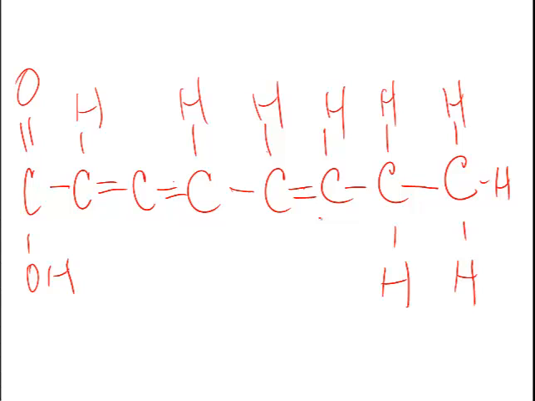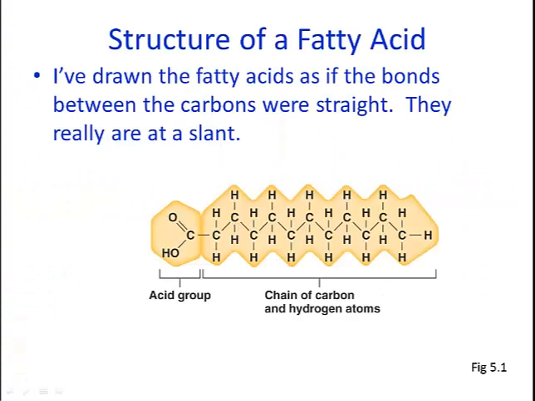Okay, I've been drawing these as straight lines because it's easier to see if they're straight lines, but the book doesn't do them as straight lines. The book shows them as slanted lines because in reality that's where they are. In nature, that's the way they exist.